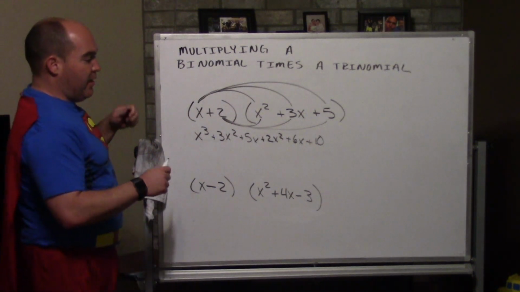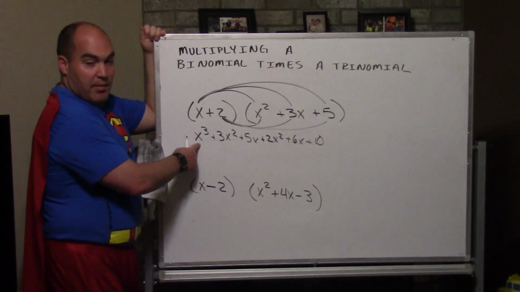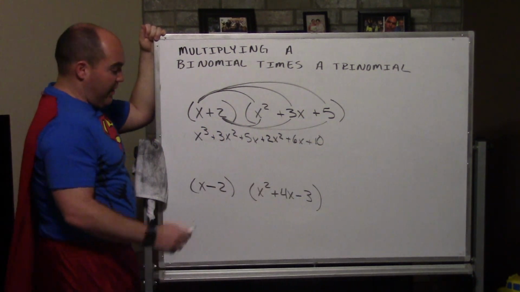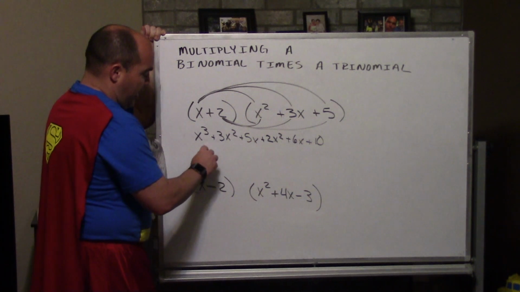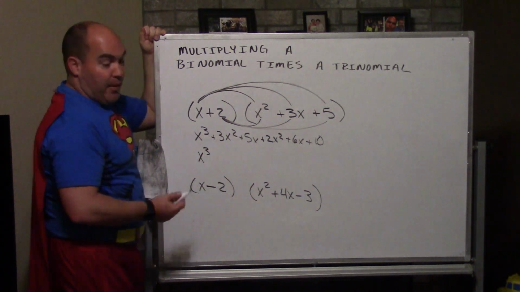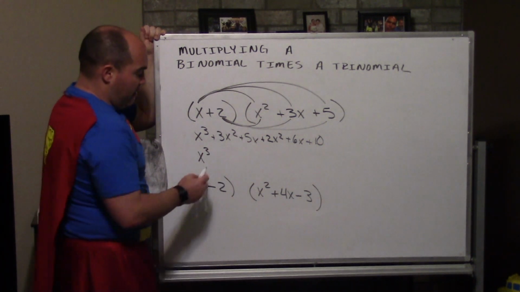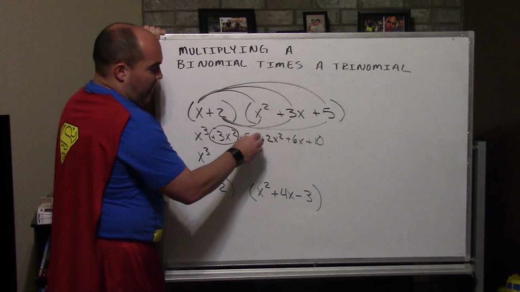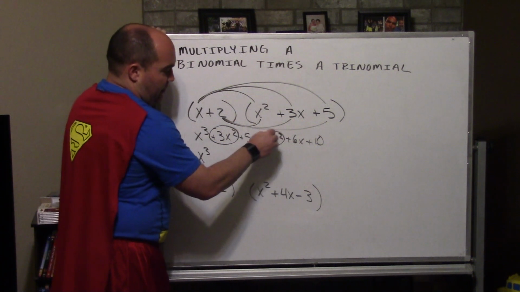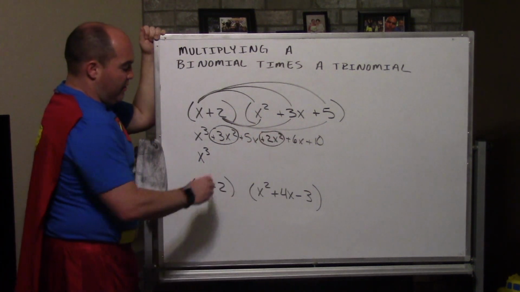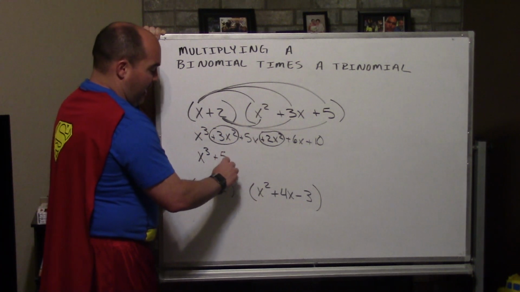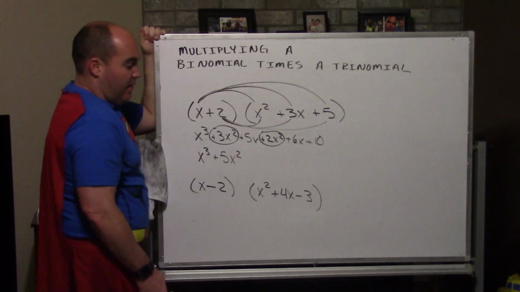We're going to start with our x cubed because that's the biggest one. Are there any other x cubes? There's not, so I'm just going to write down my x cubed. Now I'm going to look for x squareds. I've got a plus 3x squared right here and a plus 2x squared right there, so 3 plus 2 is 5x squared.